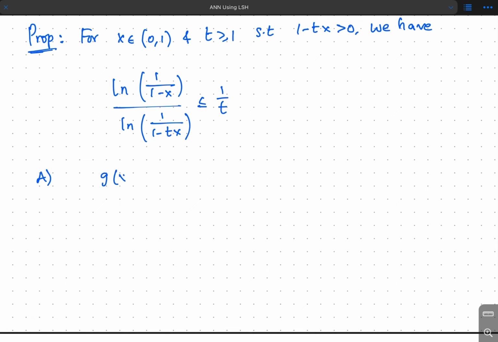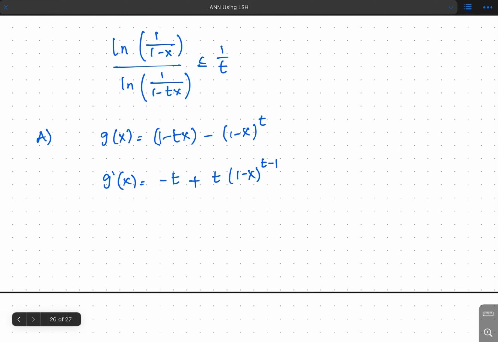Consider the function g of x equal to 1 minus tx minus (1 minus x) whole power t. Let's compute g prime of x. That will be minus t minus t times (1 minus x) power t minus 1 times minus 1, so that becomes plus. So this is exactly equal to t times (1 minus x) whole power t minus 1, minus 1.